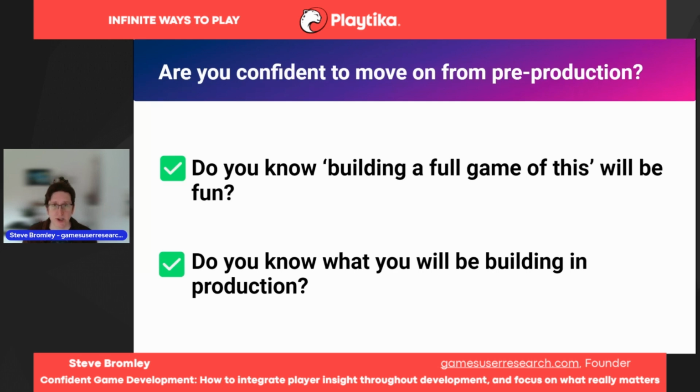Through that exploration of the vertical slice, you'll be able to anticipate how long production will take, and what the priorities are from a player's perspective. So what are the best bits that we want to emphasize during production, and what are the bits that aren't working and perhaps you want to remove or deprioritize in production. And you'll be able to make confident prioritization decisions as you go through production. You'll know you're ready to go.